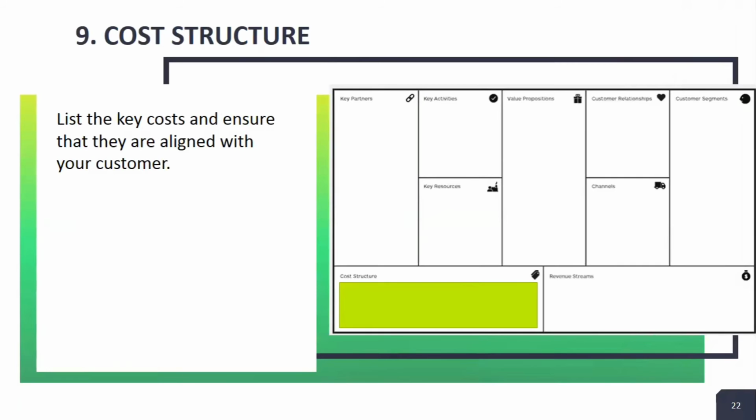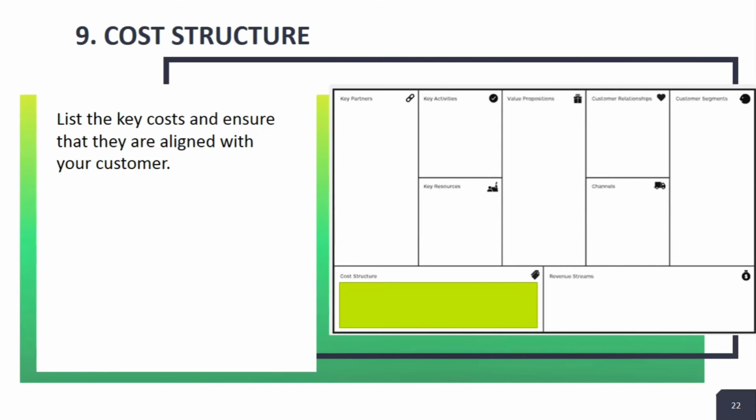Cost structure. In this block, you identify all the costs associated with operating your business model. You will need to focus on evaluating the cost of creating and delivering your value propositions, creating revenue streams, and maintaining customer relationships.